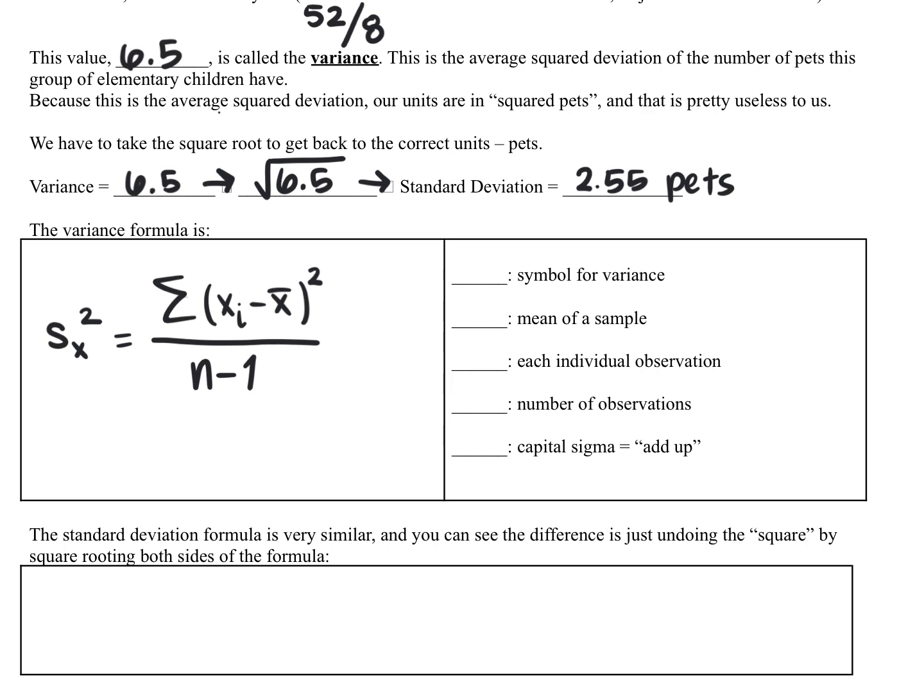It's not a very nice looking formula, but as long as you understand the steps, you don't really need to have the formula memorized. So s sub x squared is the symbol for variance. X bar is still the mean, x sub i is each individual observation, n is the number of observations, and capital sigma means add up.